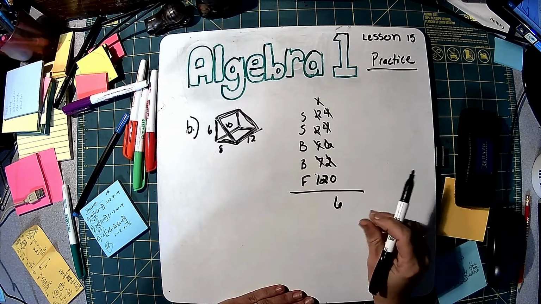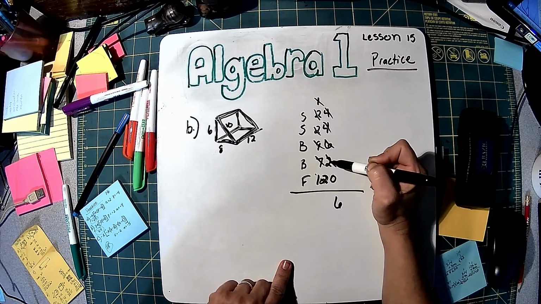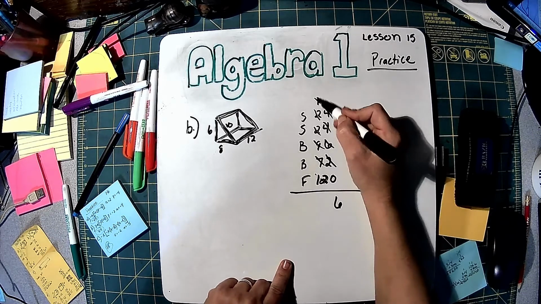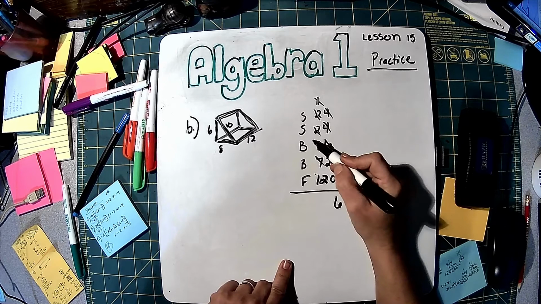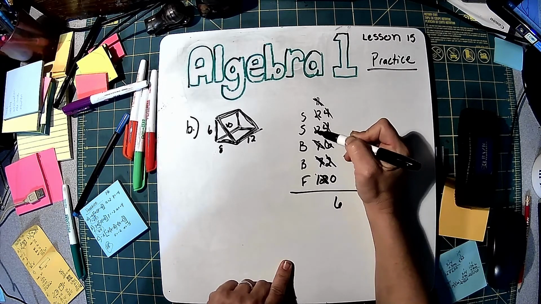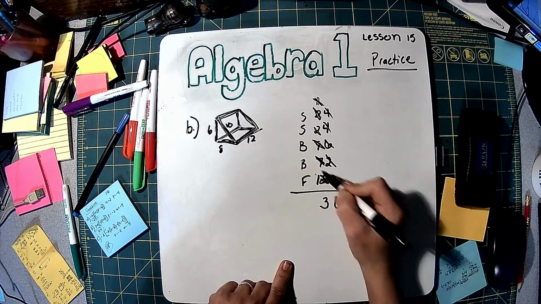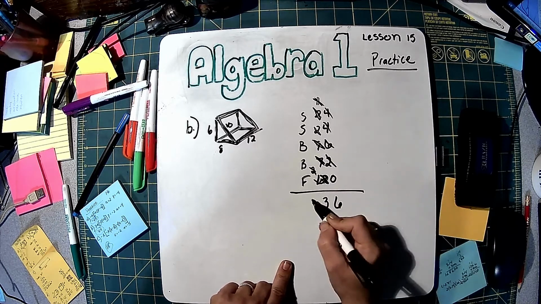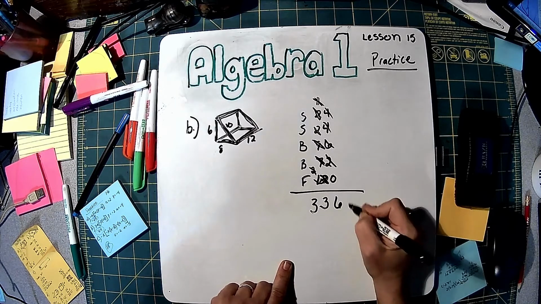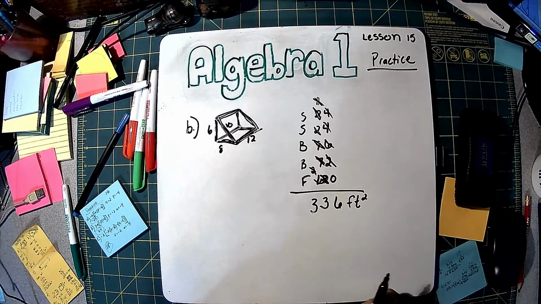Alright, so let me start this. 4 and 4 is 8, 6 and 8 is 14, 15, 16, that's right, carry the 1, and then I have 10, 17, 18, 19, 20, 21, 22, 23, okay, and then carry the 2, 2 and 1 is 3, and it's 336 square feet. Alright, just be careful when you're adding.